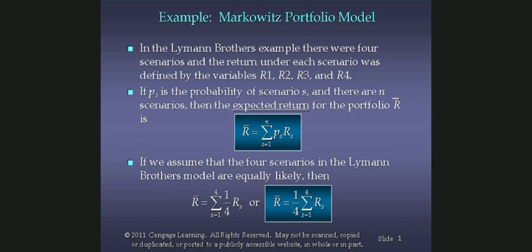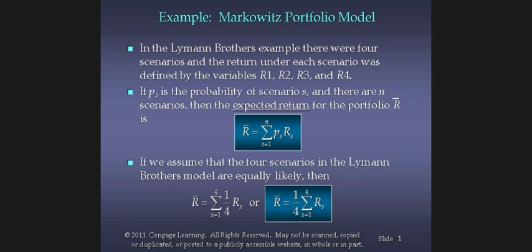As an example for this portfolio model, let us consider the Lehman Brothers example developed in the previous section. So there were 4 scenarios, and the return under each scenario was defined by the variables R1, R2, R3, and R4.